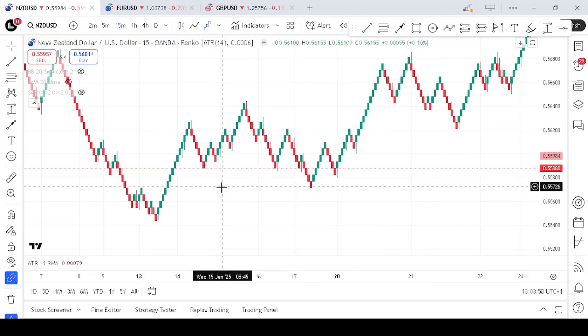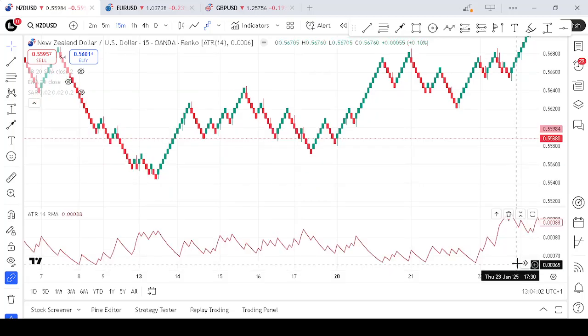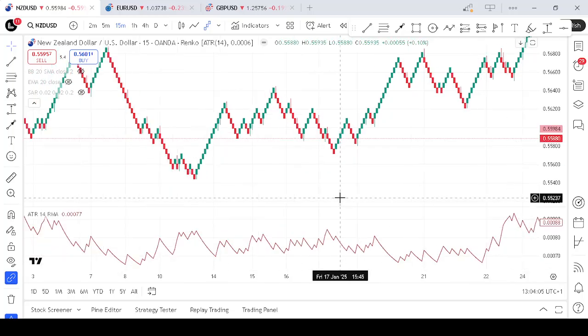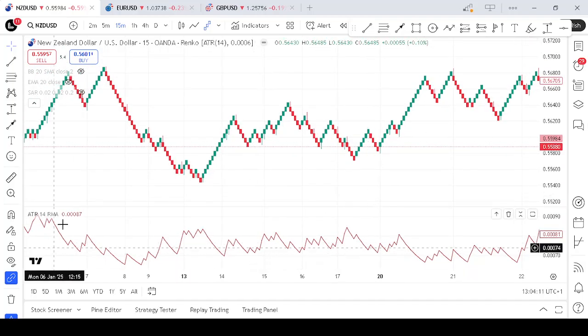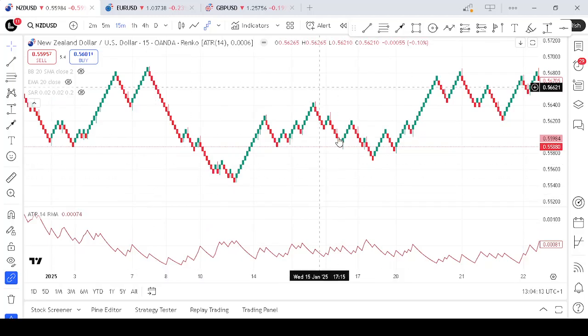Typically, a 14 period ATR is used, but you can adjust this based on your trading time frame. So to adjust this, you just need to put your ATR indicator. It helps you to adjust your chart.